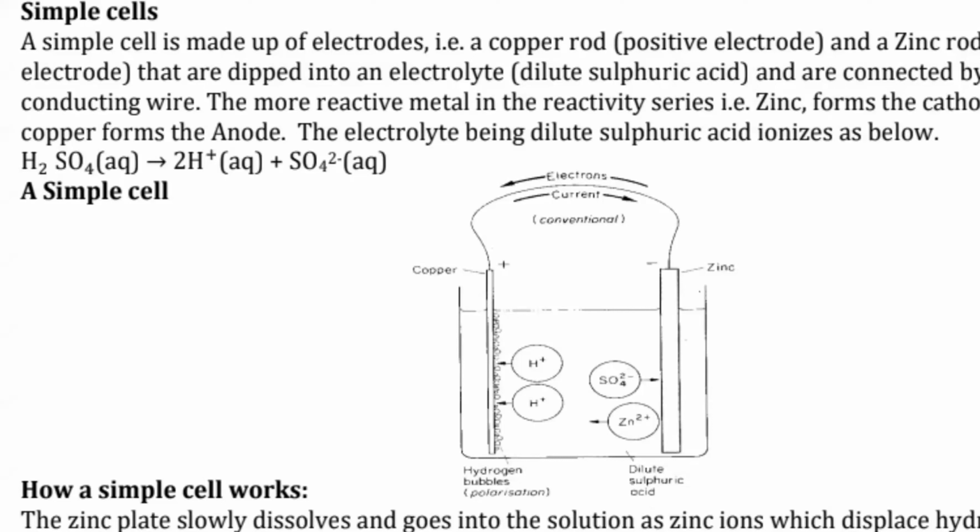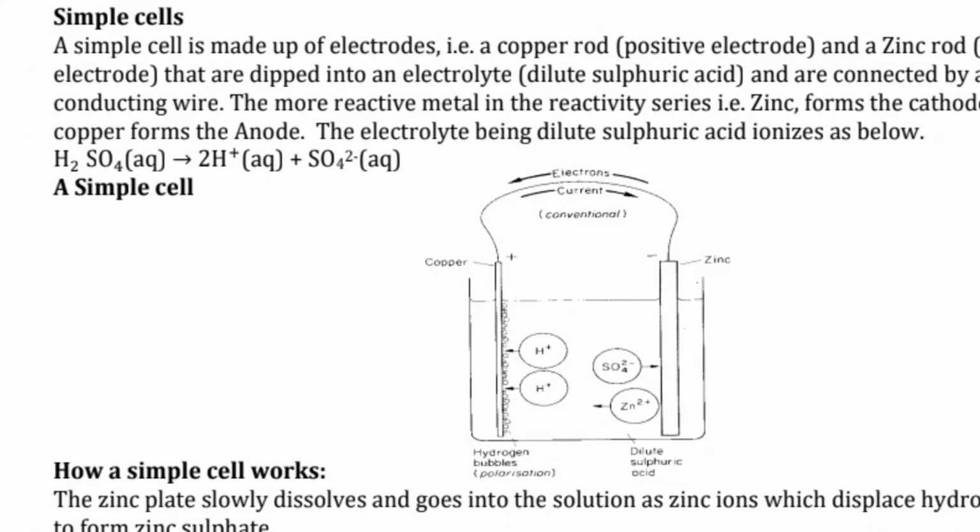So it is you who has to know that zinc is more reactive than copper, or this type of metal is more reactive than the other. So the one which is more reactive makes the negative electrode, whereas the one which is less reactive makes a positive electrode.